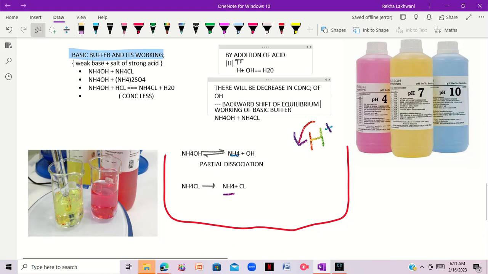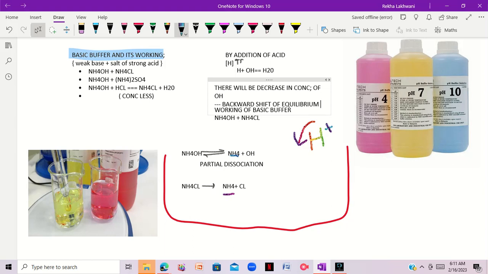Why? Because when the hydrogen ions were added, the OH ions combine with H ions and form water. So obviously on this product side there will be less concentration of OH ions remaining because they are combining to form water.